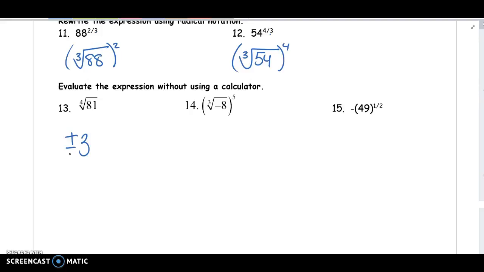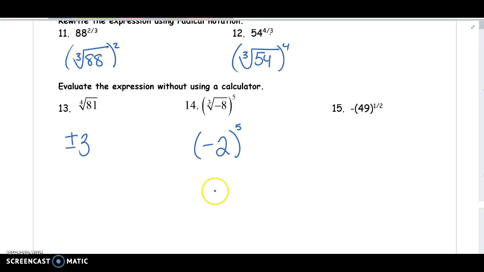Number 14 is a 2-part problem. Start by doing the third root of negative 8. What is the third root of negative 8? Negative 2. Negative 2 raised to the 5th. For now, look at 2 raised to the 5th.